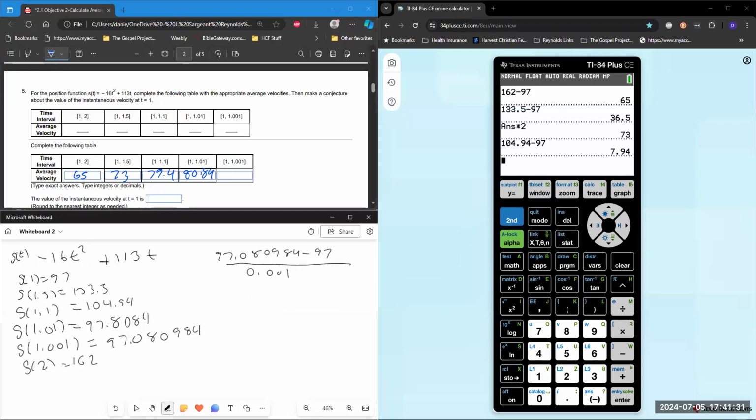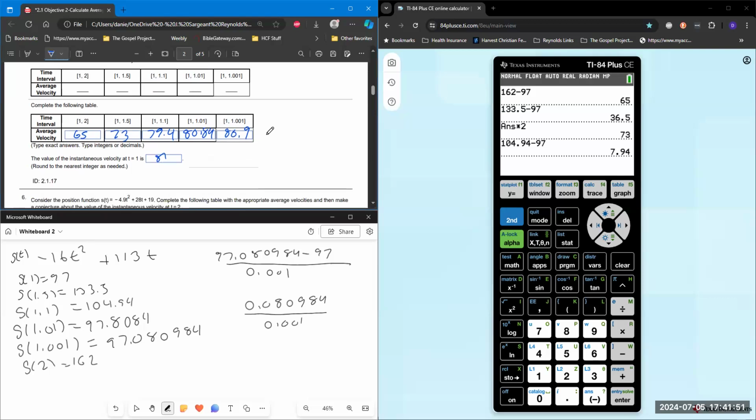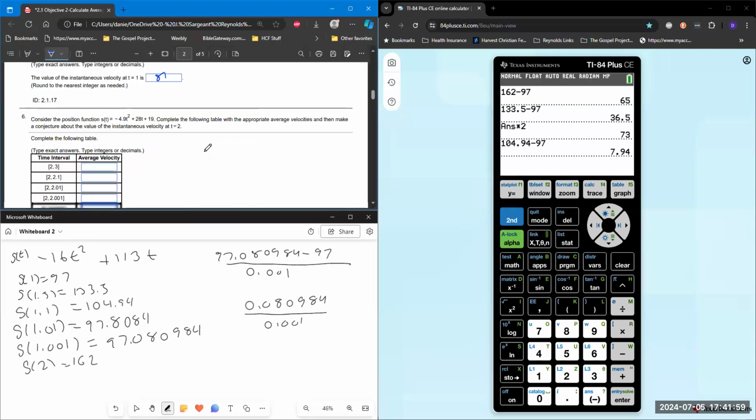So this is 0.080984 over 1,000th. Move the decimal point 3 places to the right, it's 80.9. And we're getting closer and closer to 81. So these are fine to type exact answers. Here, using decimals, round that to the nearest integer, it said.